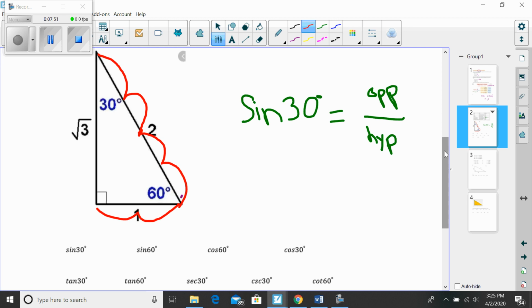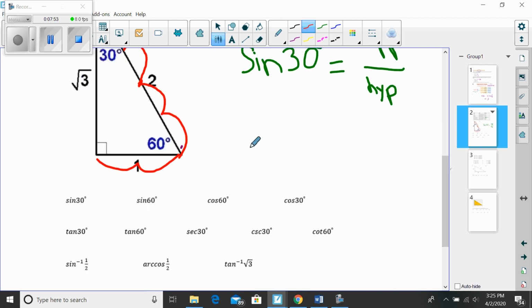So anyway, let's apply our SOHCAHTOA in these examples. Okay, so sine of 30, as we just said, is opposite over hypotenuse.